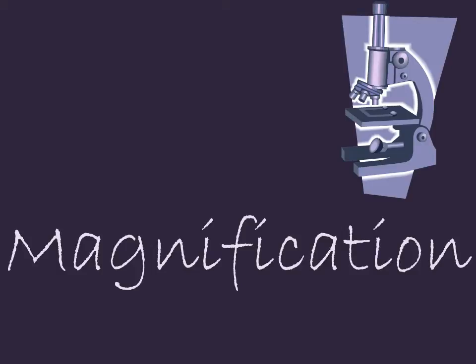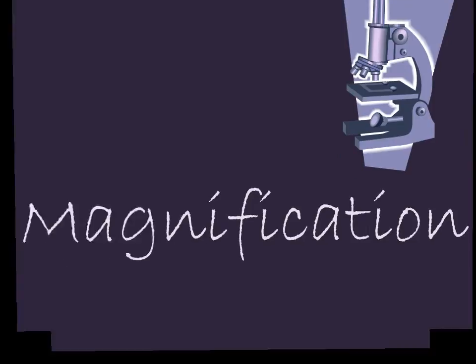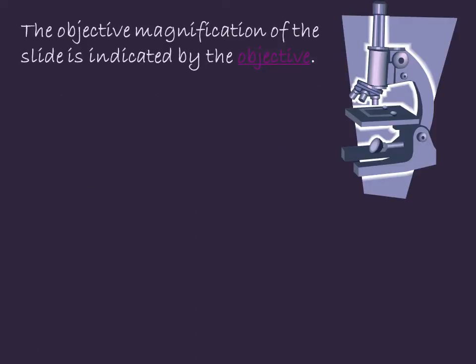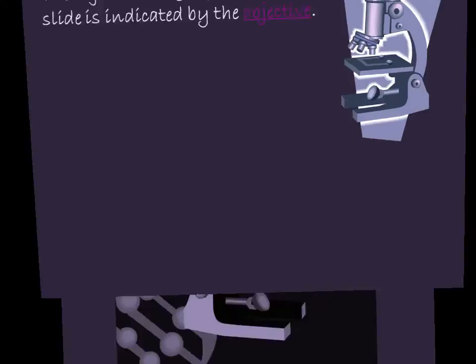Let's think of magnification. There are two components of magnification that you need to keep in mind when thinking of the magnification of a slide. The first of them is the objective magnification, which is indicated by the objective lens.